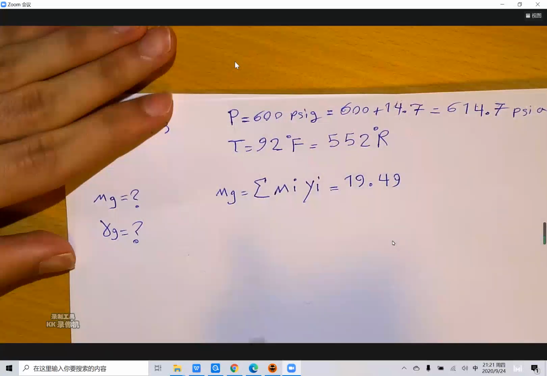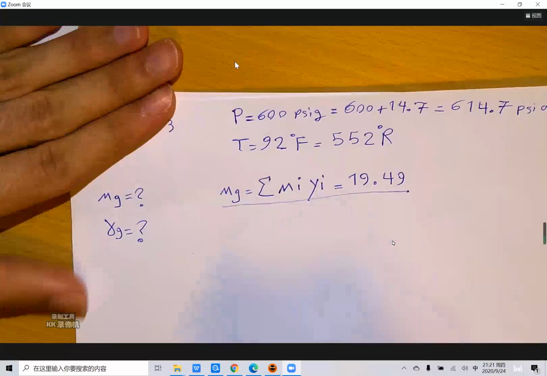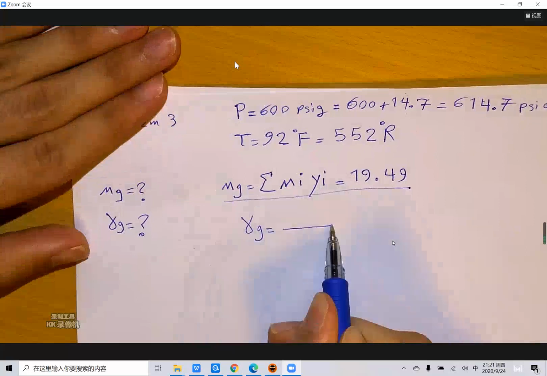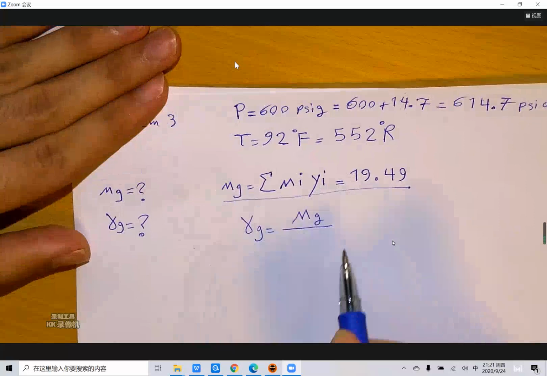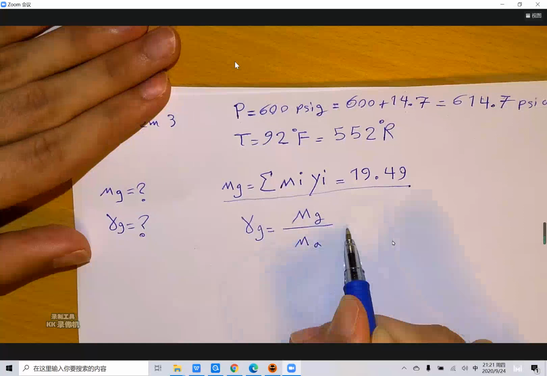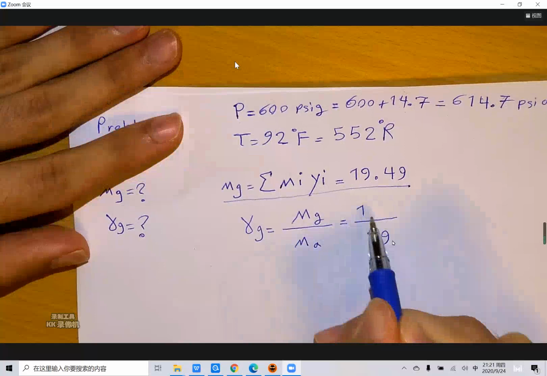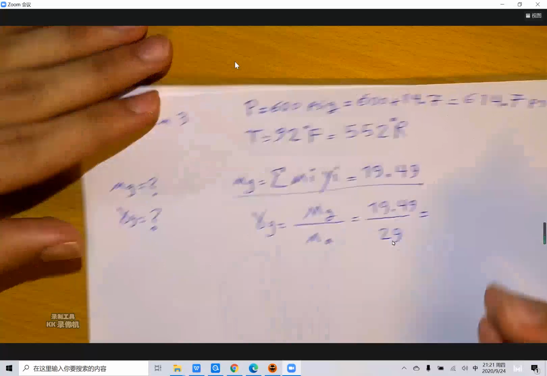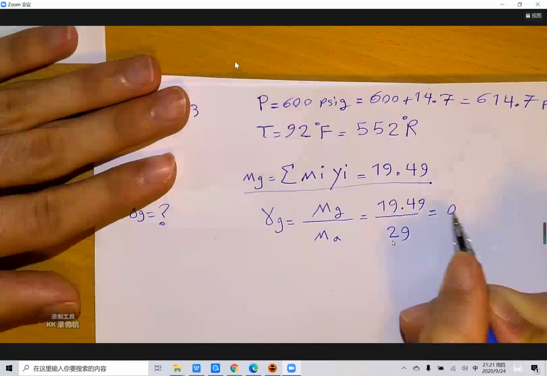So for the specific gravity of the gas, we have this equation: molecular weight of the gas over molecular weight of air, that is 29 approximately, and from above we have 19.49, which gives us 0.67.